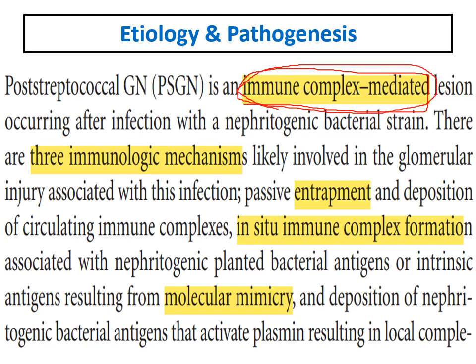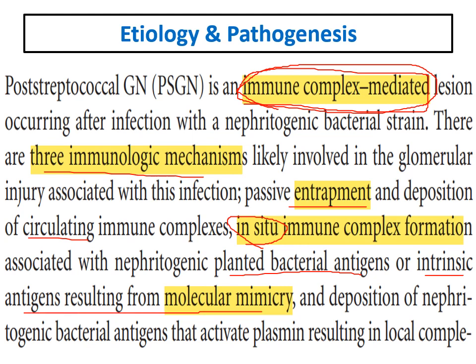And we have 3 immunological mechanisms for this immune complex deposition. The first one is passive entrapment of a circulating immune complex. There is circulating immune complex that will be deposited in the kidney, or in situ immune complex formation due to interaction with implanted bacterial antigens in the kidney, or due to immune complex formation with antigens in the kidney that result from molecular mimicry.